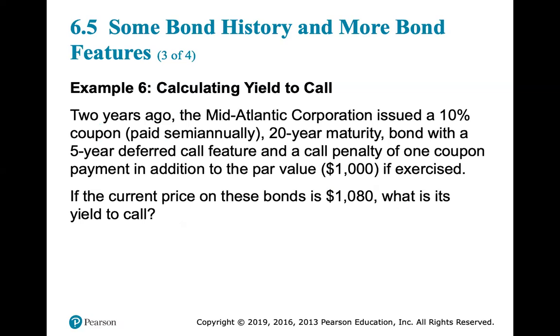Imagine 2 years ago, the Mid-Atlantic Corporation issued a 10% coupon paid semi-annually, 20-year maturity bond with a 5-year deferred call feature. Okay, this is the key point that you should keep in mind. I will just say what it means. So 5-year deferred call feature, and call penalty of 1 coupon payment.